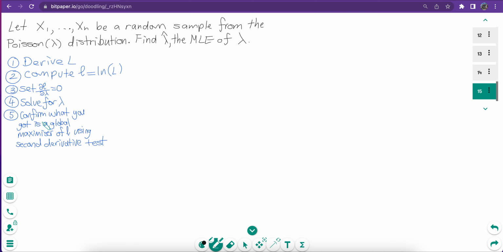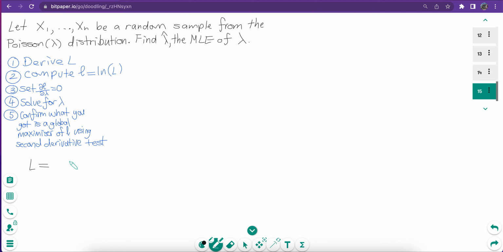Okay. So if we start this off, we derive this quantity called L, which is your likelihood function, and all that you have to do is think of what the probability mass function is for a Poisson random variable parameterized by lambda, and then we take the product of those mass functions for each of your x1, x2, all the way through to xn.